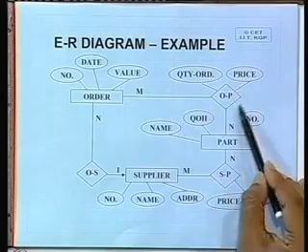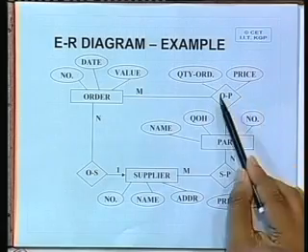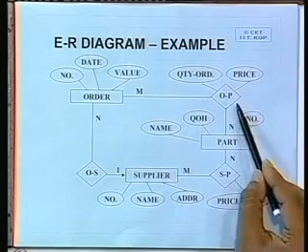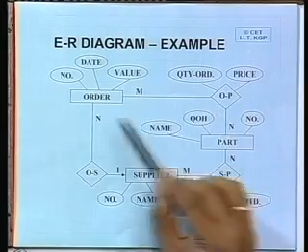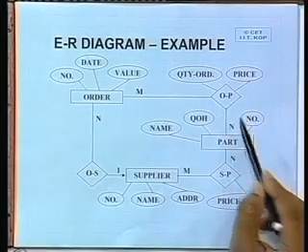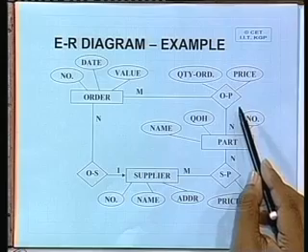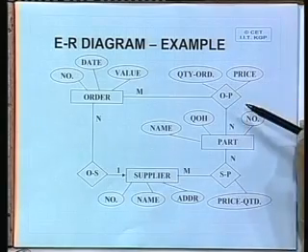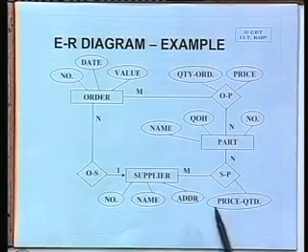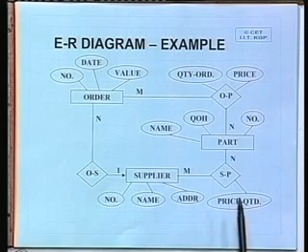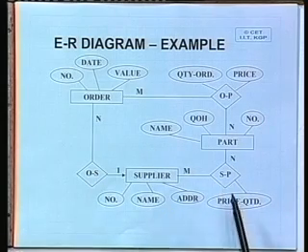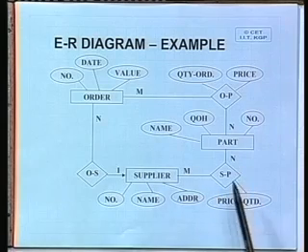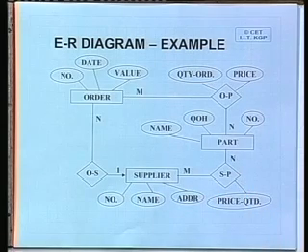So, order part has 4 attributes: quantity ordered, price, order number and part number, but since it is a relationship between these two, it is automatically understood that order number and part number are its attributes. So, they are not shown separately. Supplier part, again many to many, one supplier can have many parts and one part can have many suppliers. So, this is again many to many and we have the price quoted.